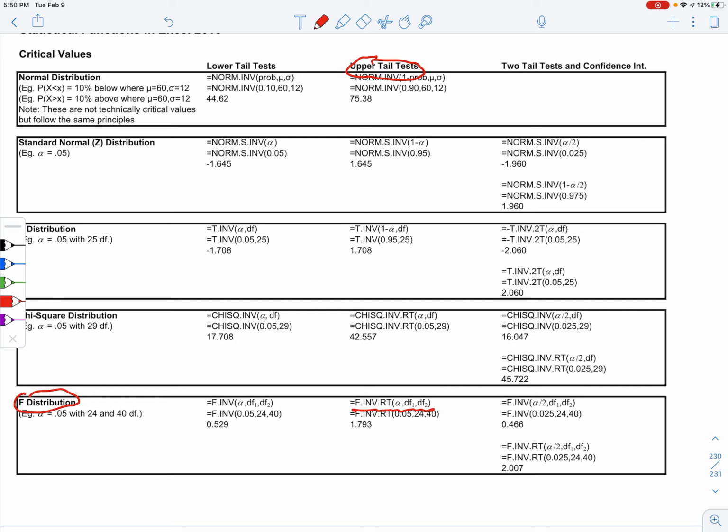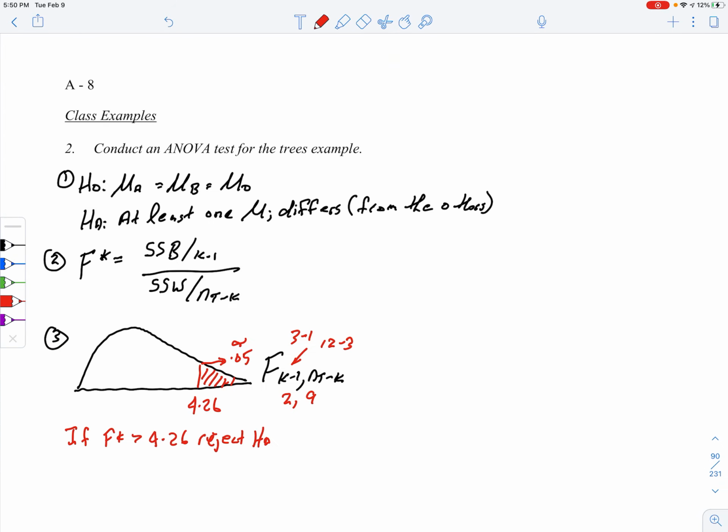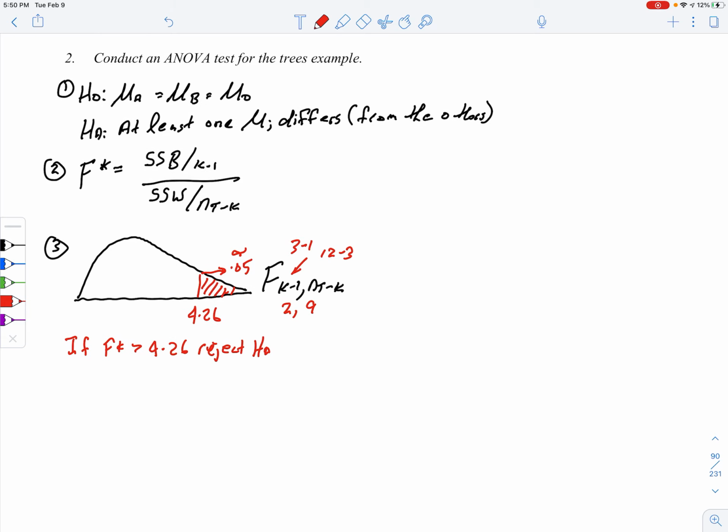So in our particular case then, that would be an F.INV.RT. Remember, critical values are always inverse functions. Right tail, just like in a chi-square distribution, because this is skewed. And then we've got alpha, and then degrees of freedom for numerator, which is 2, and then for the denominator, which is 9. So that's how we do that. So that's alpha, k minus 1 and nt minus k.